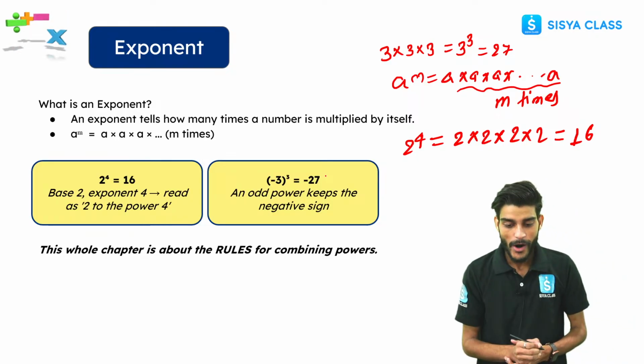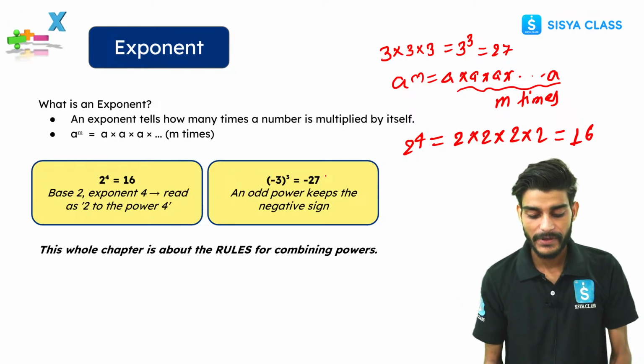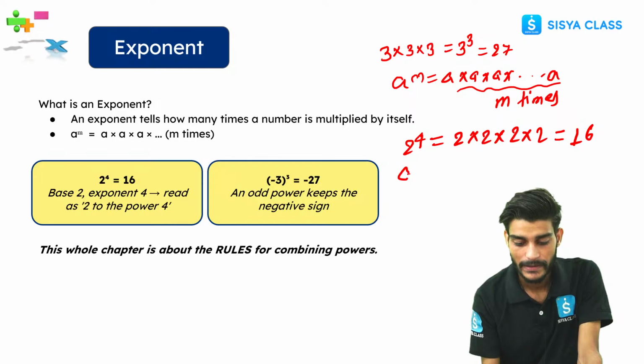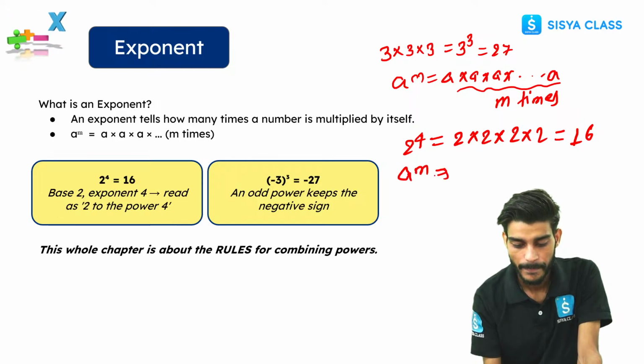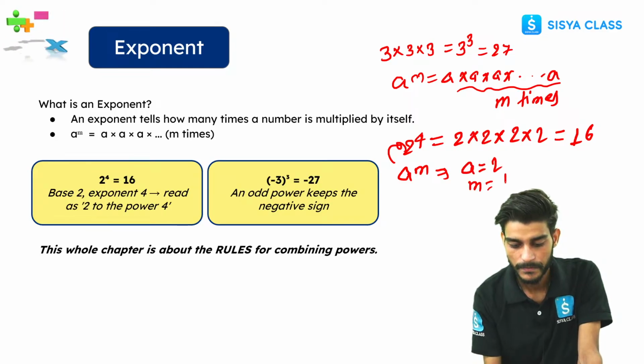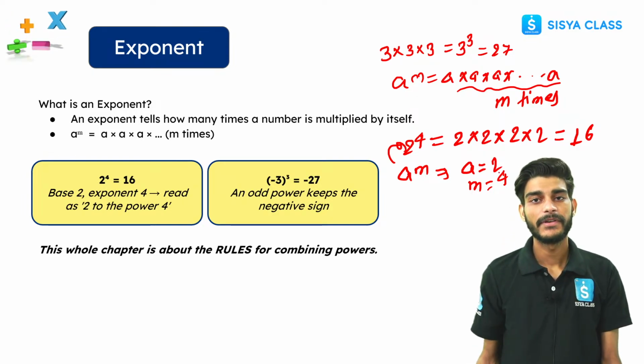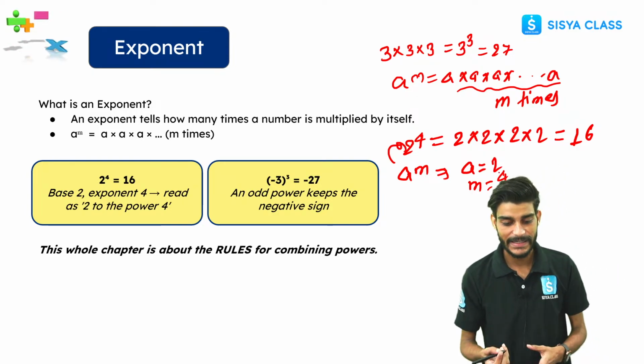But what if a is negative? Here we have chosen a equals 2, a raised to the power m. In this example, a is 2 and m equals 4. But what if we choose a as negative?